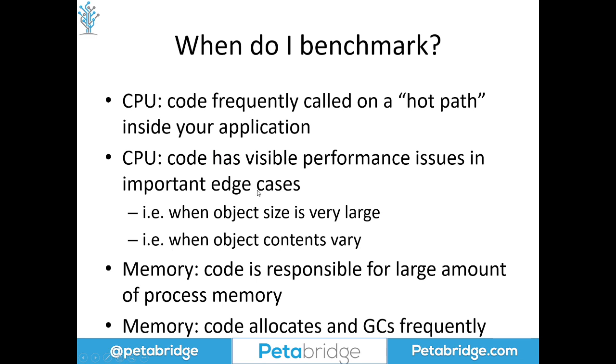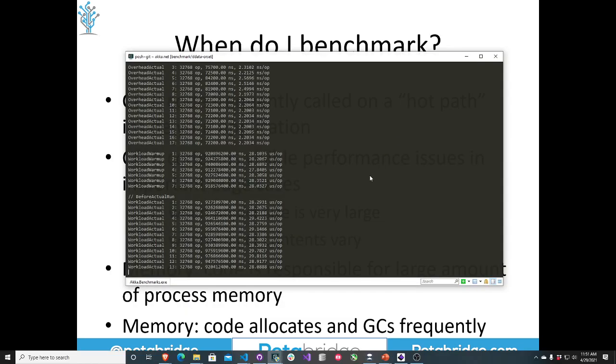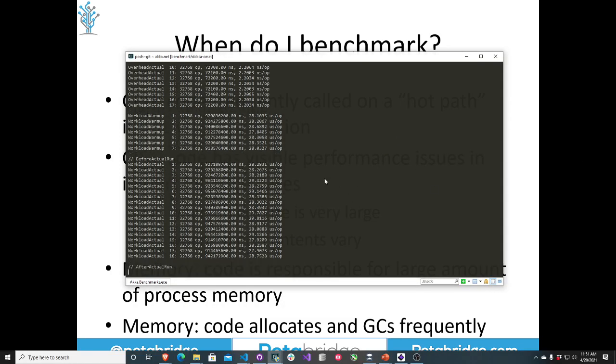So this user who reported this bug, where distributed data was consuming all the memory in their application, probably has an edge case where the object's very large or the contents of that object are changing pretty rapidly. So those are things we're going to need to write some benchmarks for. It'll take a little bit of trial and error to see where we need to look based on some of this benchmark data that we're generating. So let's take a look.